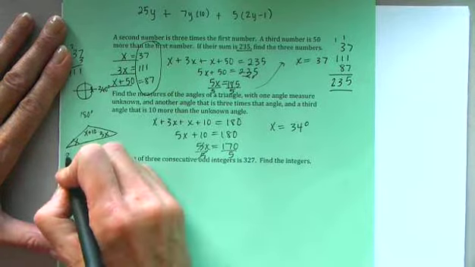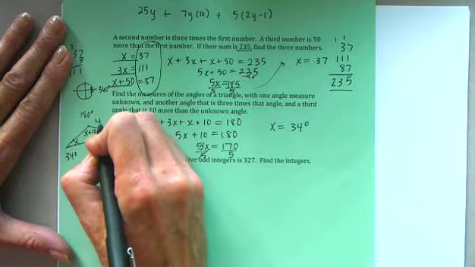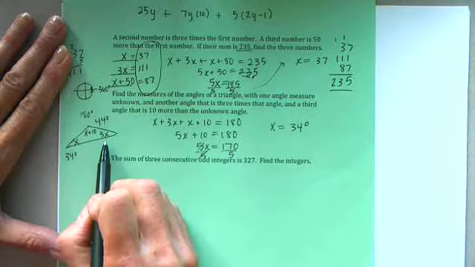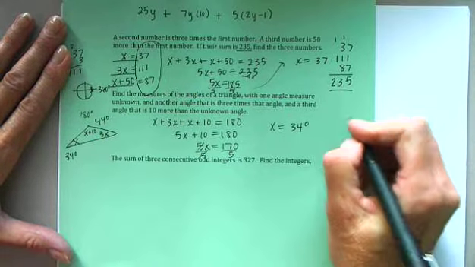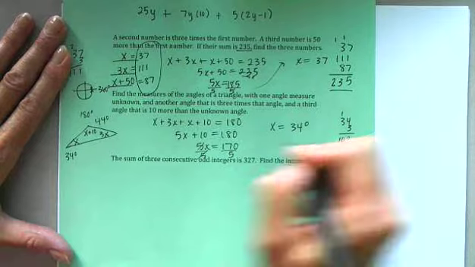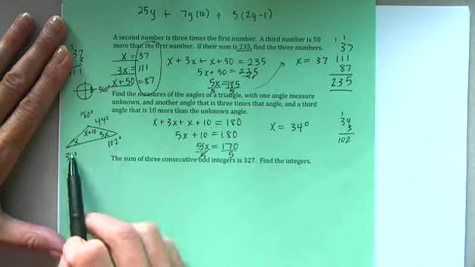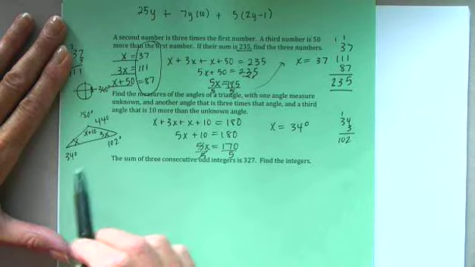So if this one's 34 degrees, this one is plus 10, so it's 44 degrees. And this one is times 3. So 34 times 3 is 102 degrees. And if you wanted to check, you could make sure that those add up to 180 degrees.